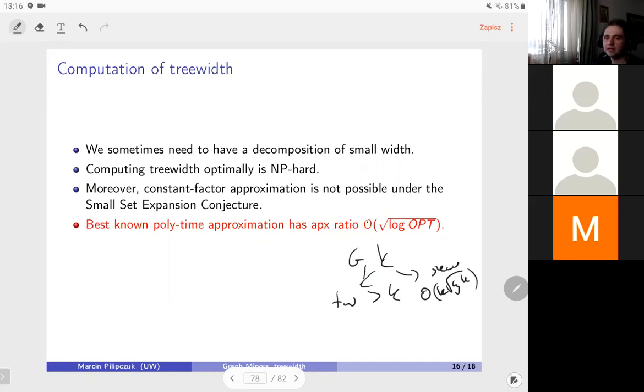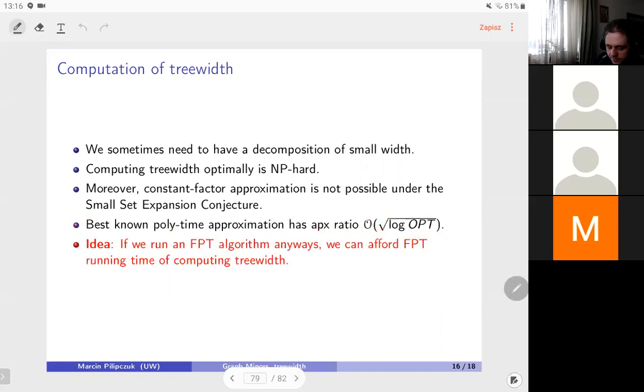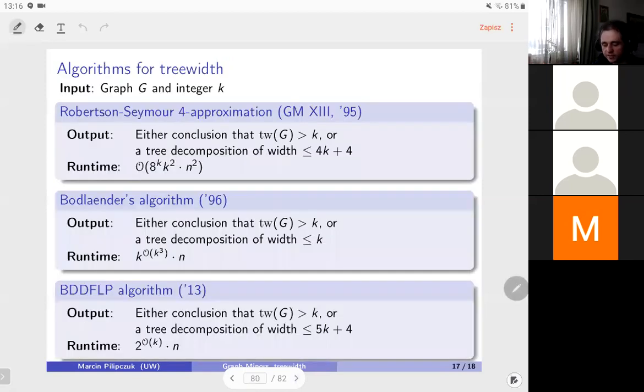So there's an approximation algorithm like that. Okay, but this is polynomial time, and since on the algorithmic side we're later doing exponential things in treewidth anyway, we can also do exponential things in treewidth to start with, to compute the bounded treewidth decomposition. And there are actually three results in this direction.